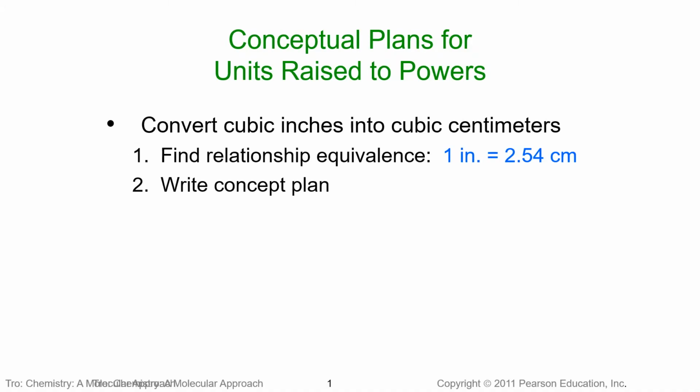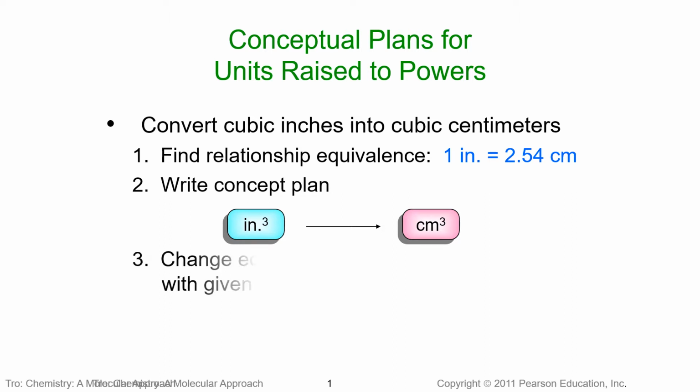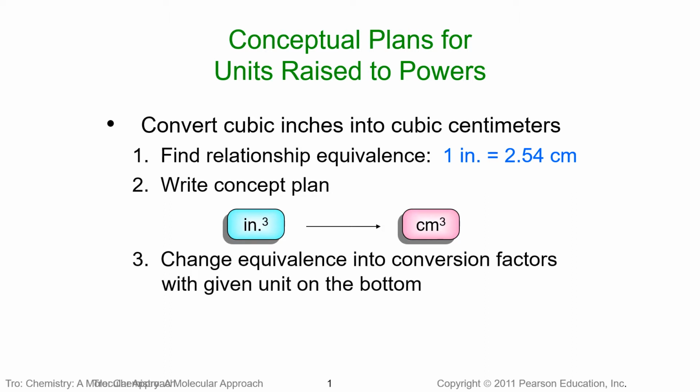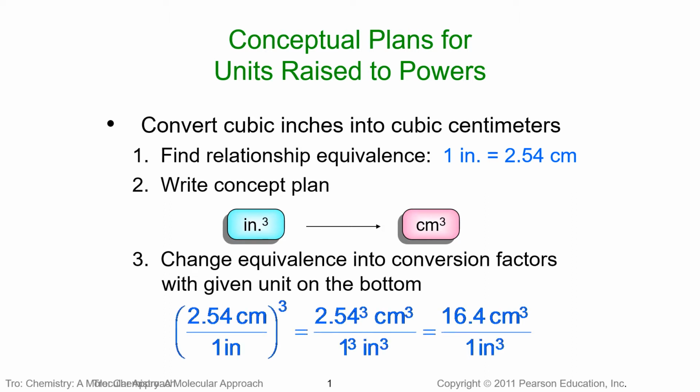If we have units that are raised to a power, we have to remember that that is the length, or that dimension, cubed. So if we wanted to convert cubic inches to cubic centimeters, our conversion factor is 1 inch equals 2.54 centimeters, but because the unit is cubed, we have to cube the entire conversion factor.